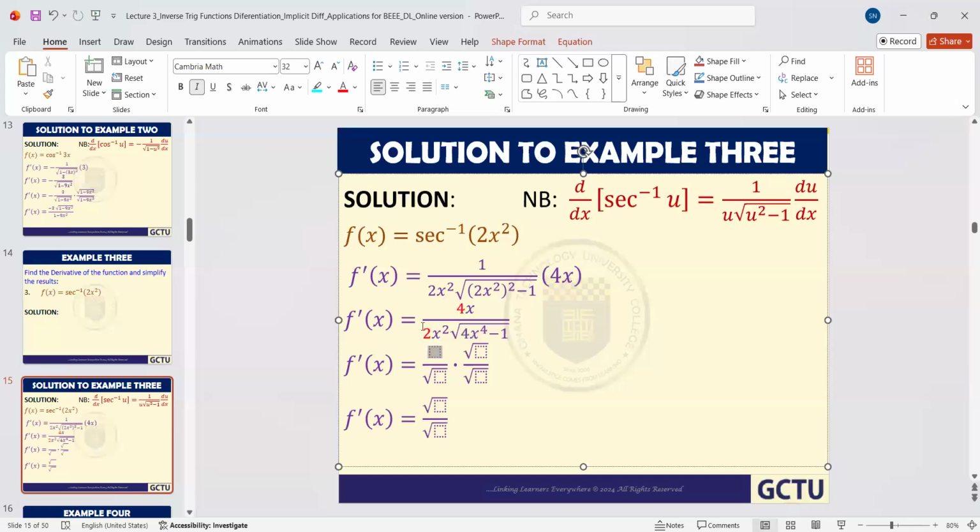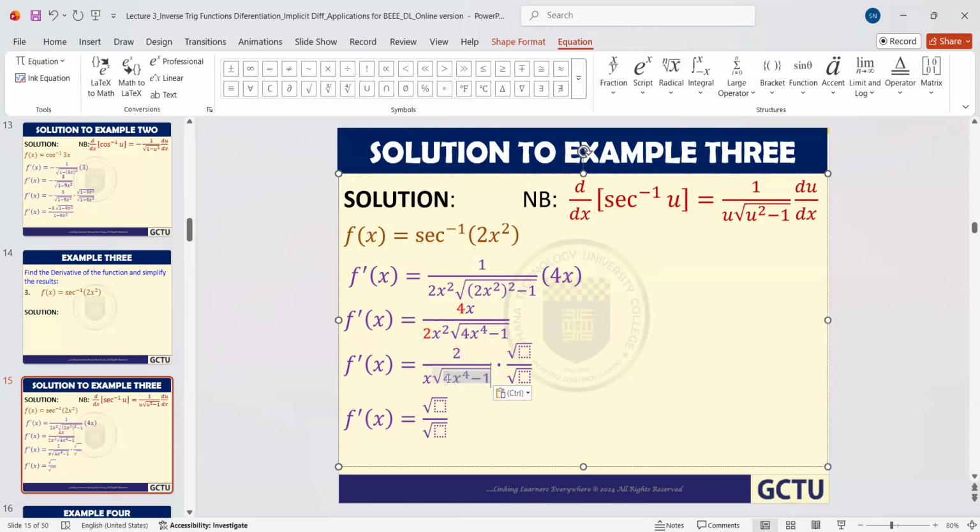when I come here, 2 will cancel 4, and I'm going to get 2. And then this x will cancel x squared, and I'll be left with x outside the brackets here. Now, the denominator will simply become 4x to the power 4 minus 4. So I'll multiply the numerator by 8 and divide the denominator also by 8. Multiply and divide.